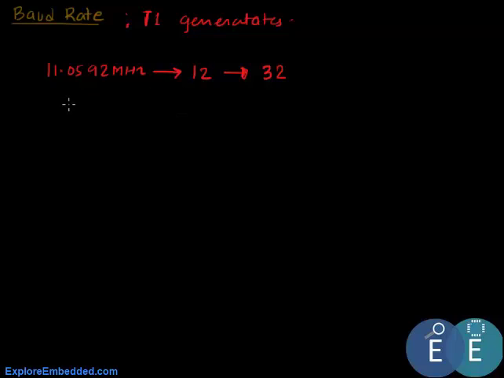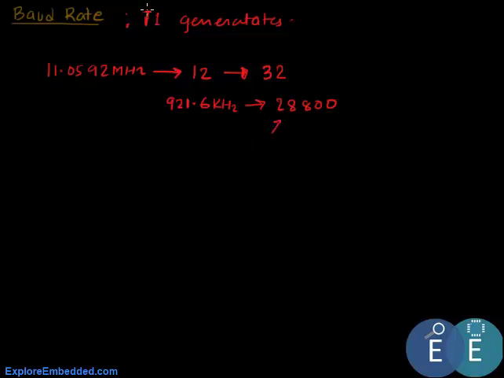So if we divide this by 12 as we have done previously, this would be 921.6 kilohertz. Now if I divide this by 32, it would become 28,800. This is the frequency the timer unit uses.